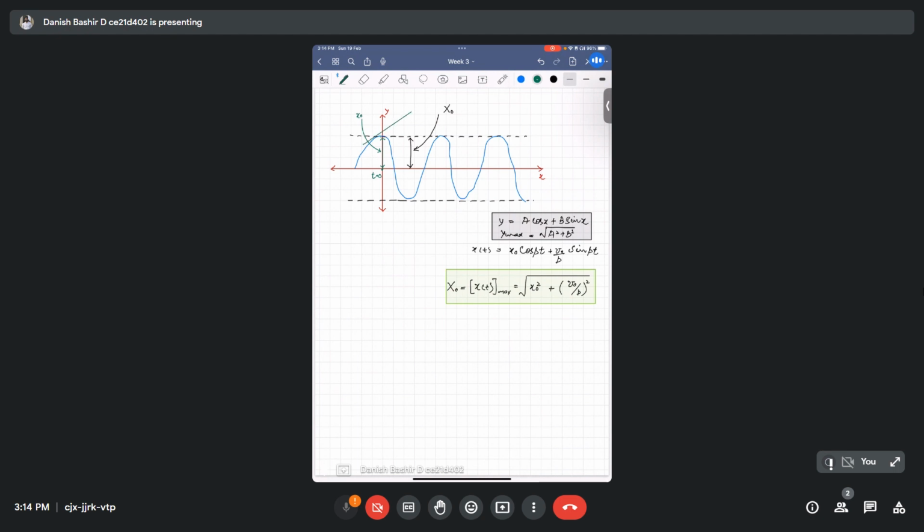So it's like this, and then the variation like this.